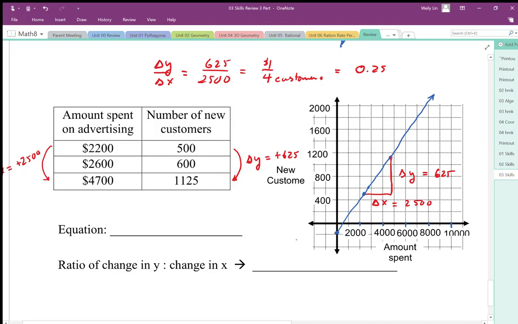Sorry, I should show this here, the rate change in x, the change in y is 625 to 1250, 2,500, and this works out to be a ratio of 1 to 4, or $0.25 per customer.